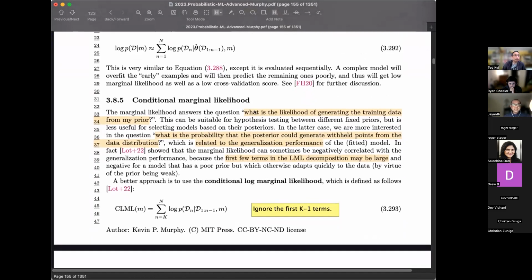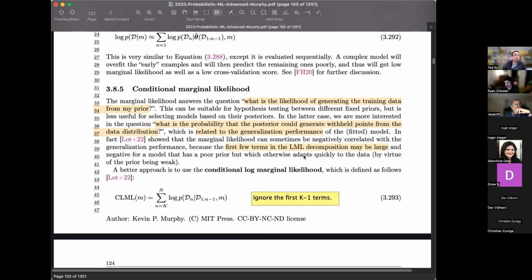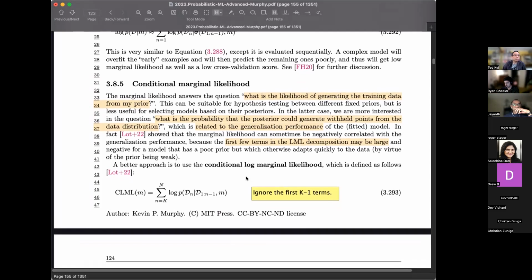The marginal likelihood, he says, is what is the likelihood of generating the training data from my prior? But the conditional marginal likelihood is what is the probability that the posterior could generate withheld points from the data distribution. So the conditional marginal likelihood is where you ignore the first k-1 terms.